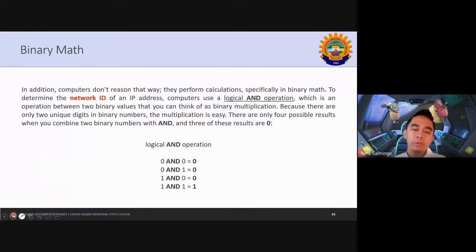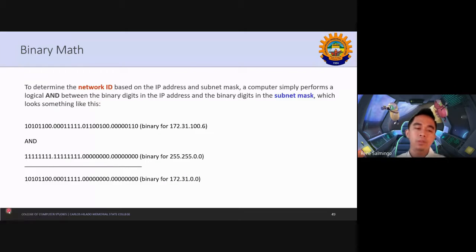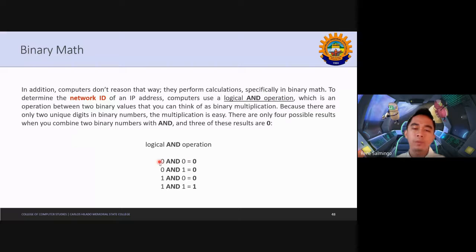So if you have 1 in your input A and 1 in your input B, you'll have 1 in your output. So this makes the statement true. If it is false and false, you'll have false. If it is false and true, you'll still have false. So there are only 4 possible results when you combine 2 binary numbers. Three of these results are 0, and if all of the inputs are true, you'll have an output of 1.